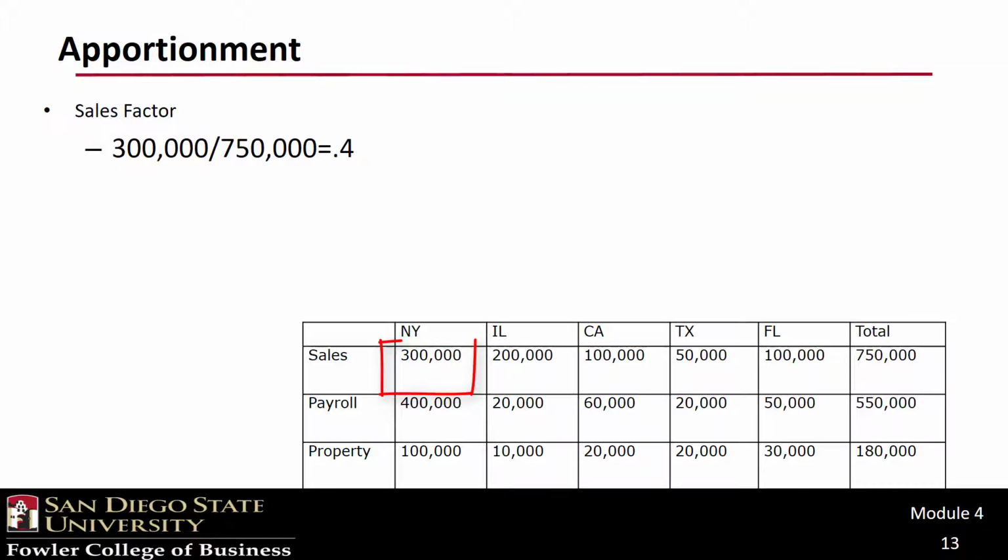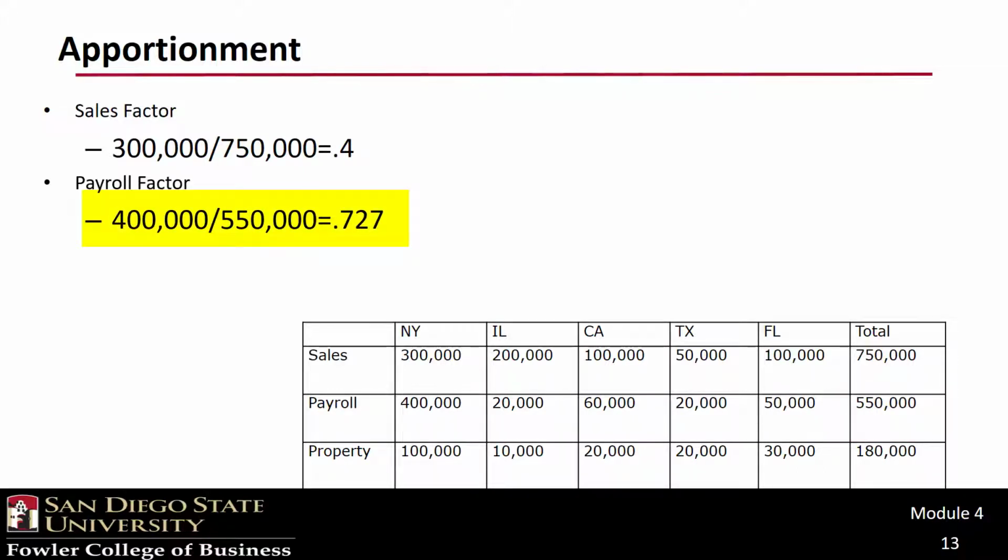So New York's share of sales was $300,000, divided by total sales of $750,000, for a sales factor of 0.4. The New York payroll is $400,000, divided by the total payroll of $550,000, or 0.727.